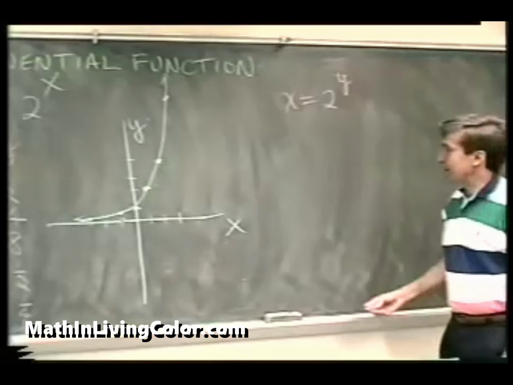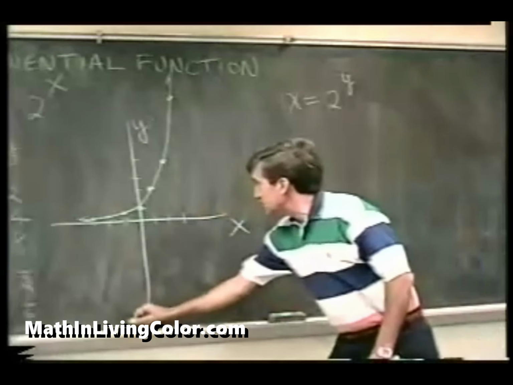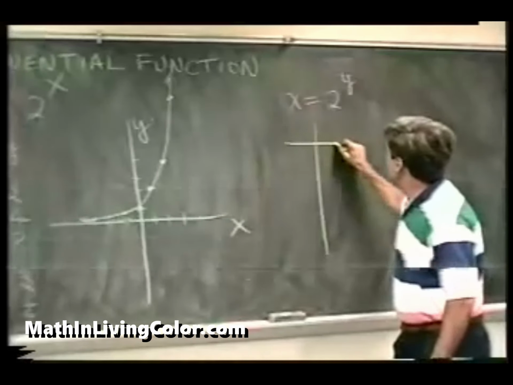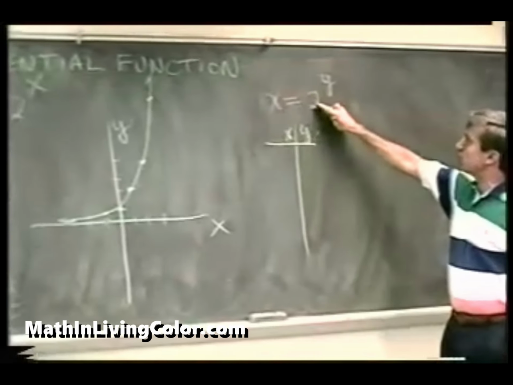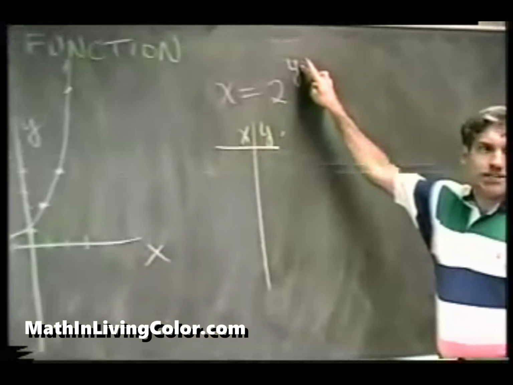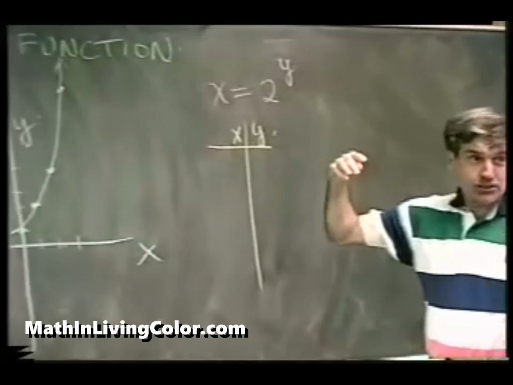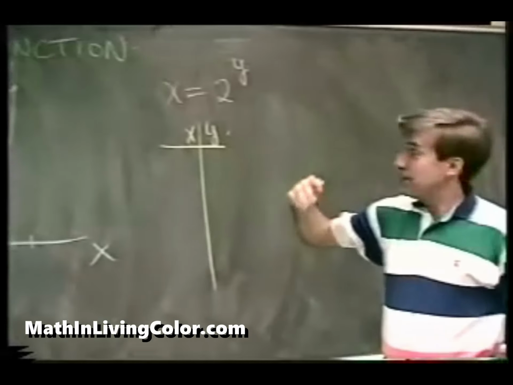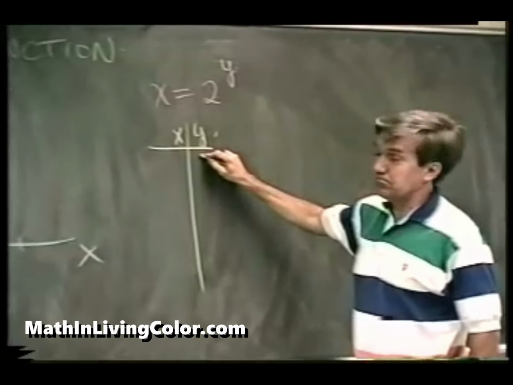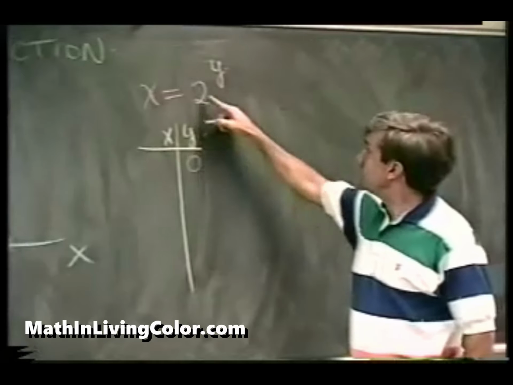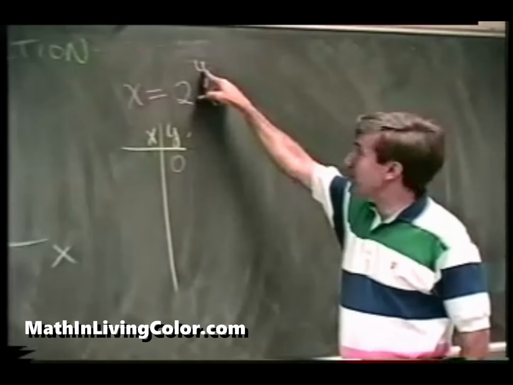Now, I'd like to make another table of values and graph these points. Since it says x equals 2 to the y power, it'll be easier to pick the y value first, won't it? Instead of picking the x value, let's pick the y value. Let's let y equal 0. 2 to the 0 power would be 1, so that means that x equals 1.